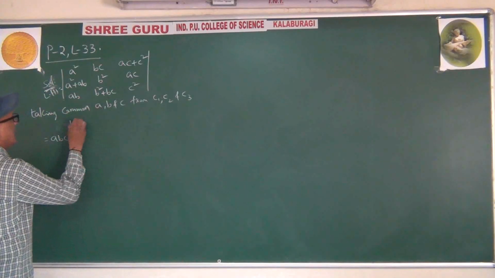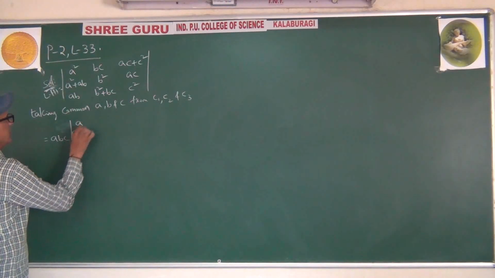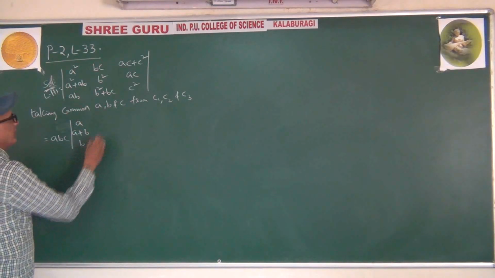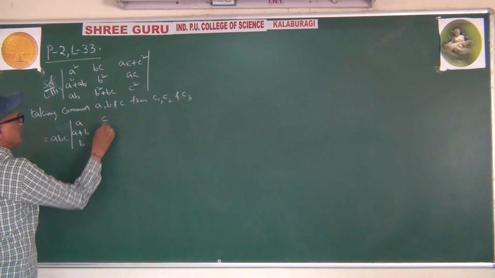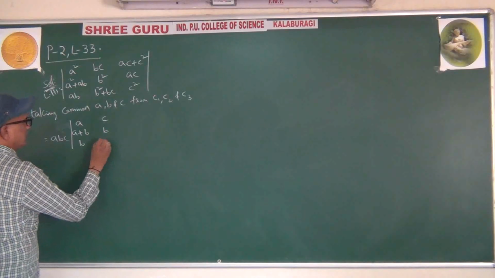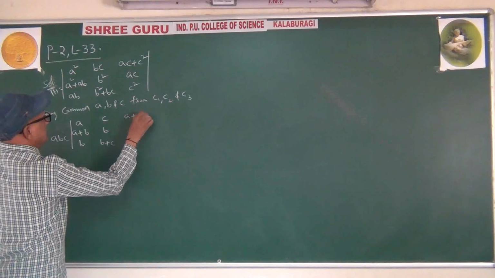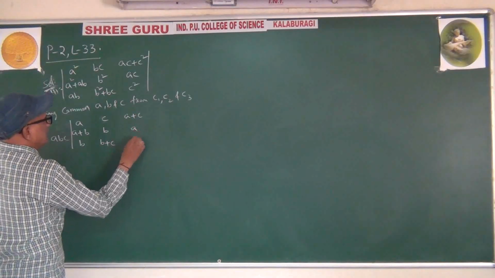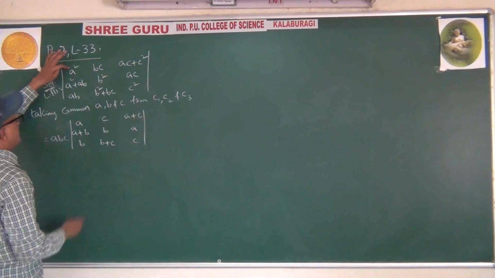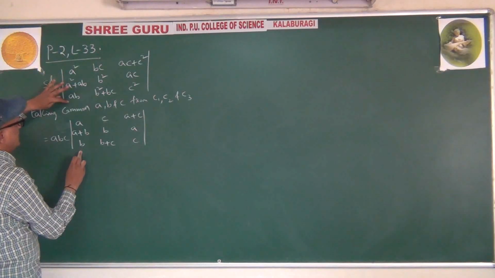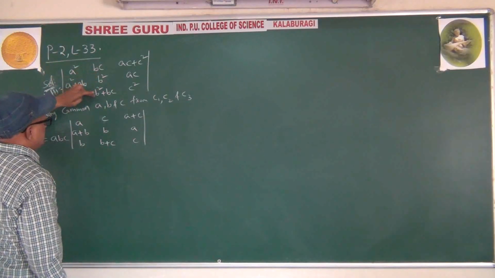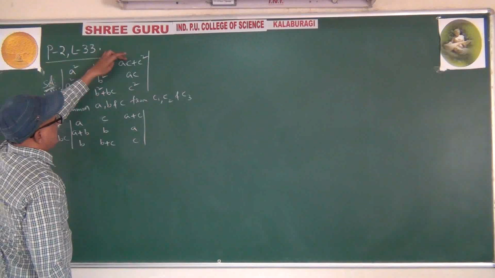From first column a went out. From second column b went out. From third column c went out. a went out, a plus b, b went out, cb, bc. c went out, ac.